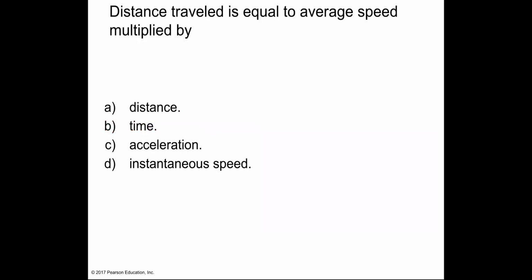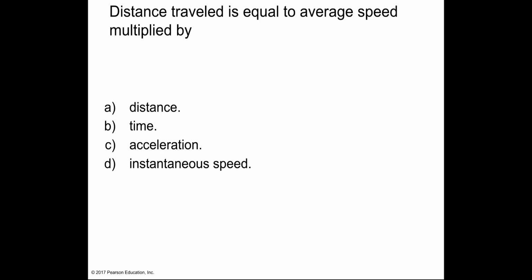And that keeps changing depending on whether you are accelerating, stepping on the gas pedal more, or stepping on the brake. Distance traveled is equal to average speed multiplied by, again, that's very tricky, okay?